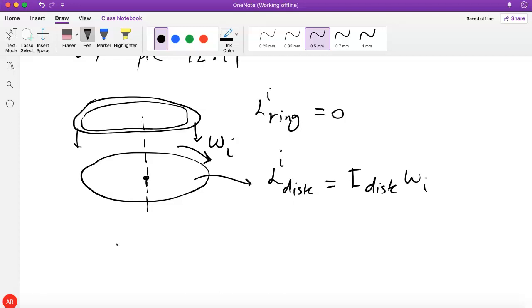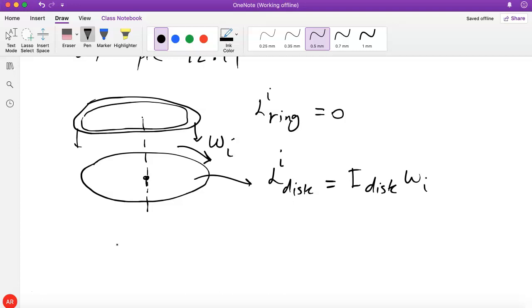So in this whole process, is there any external torque acting on the system of disk plus the ring? Not really, right? There is no external force. If the axis that goes through the disk is frictionless, which is our assumption, because previously it was just rotating at constant angular velocity omega, so there can't be any torque before. So that axis by assumption is frictionless.